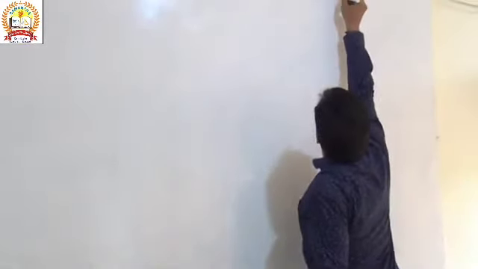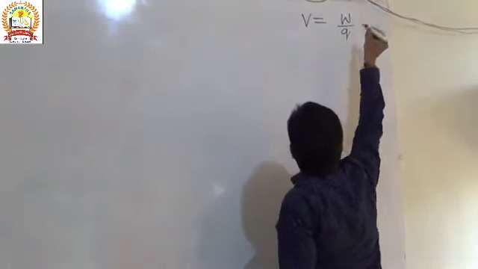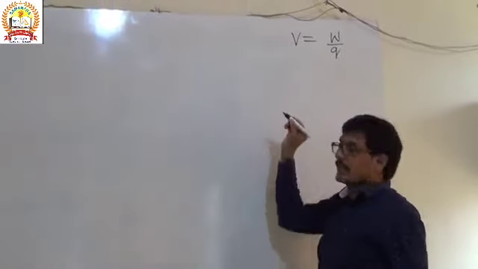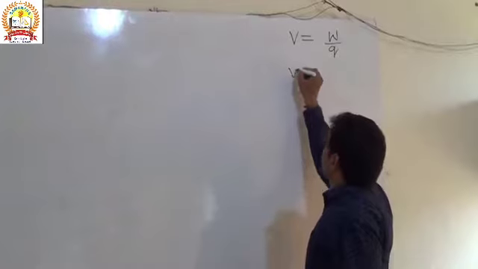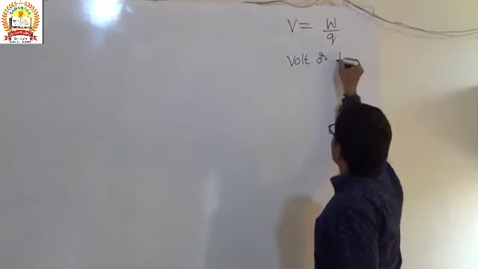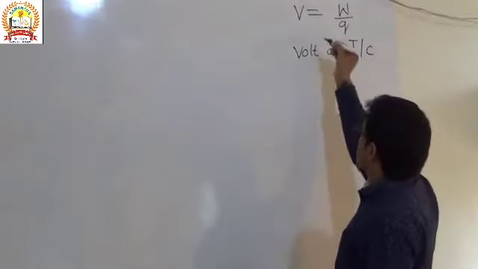So we know the electric potential. That electric potential V is equal to the work done by the test charge, and the unit of electric potential is volt. We measure it in volts or joule per coulomb, and it is a scalar quantity.